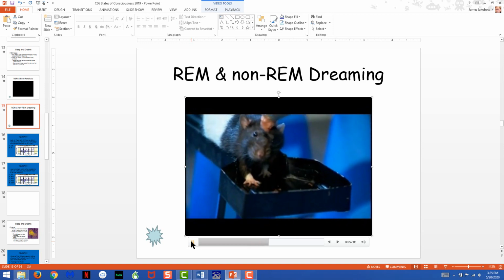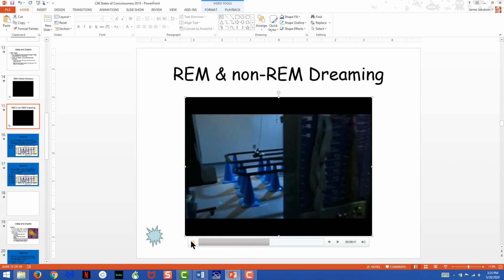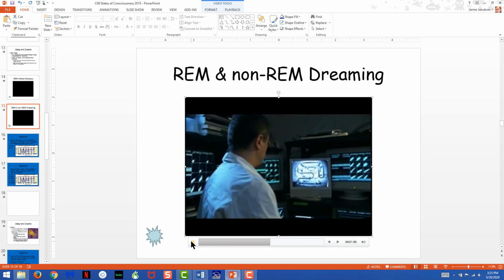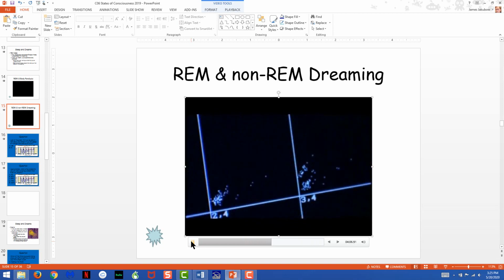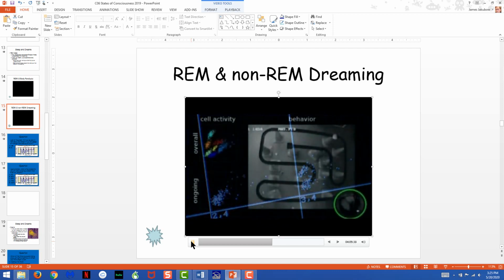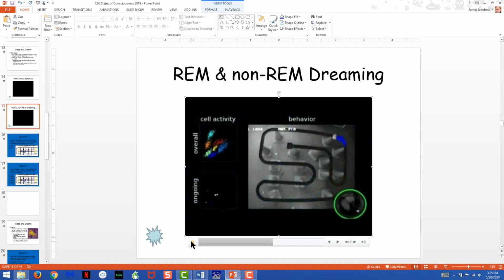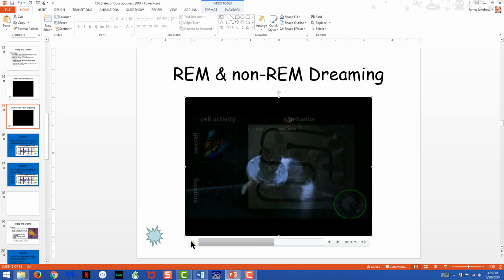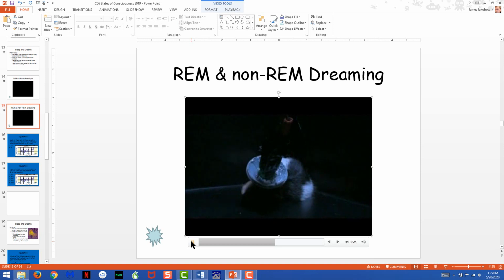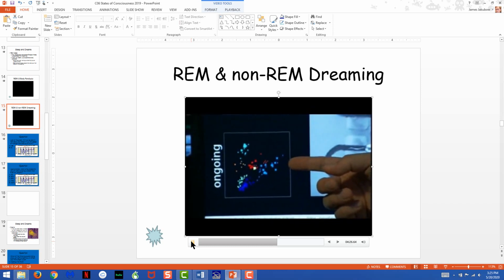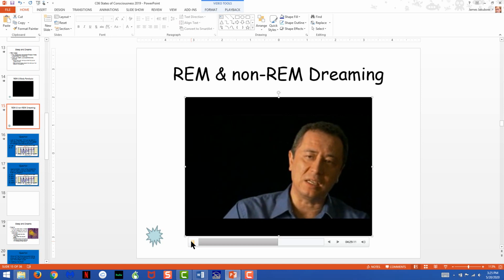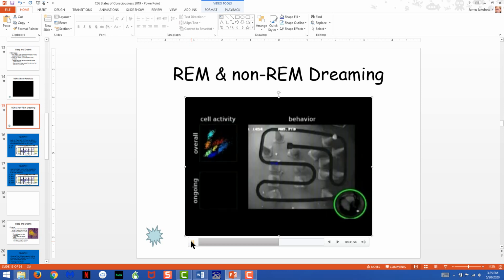But remarkable as it is to look in on a rodent's inner life, the big payoff comes later. As the rat sleeps, the patterns recur, seen here as flashes of color superimposed on the maze. So the animal is asleep, it's not moving, it's not interacting with the world. And yet we see a lot of structured activity going on in the brain. And when we look in detail at that activity, we see that these patterns are direct reflections of patterns that we had seen when the animal was awake.